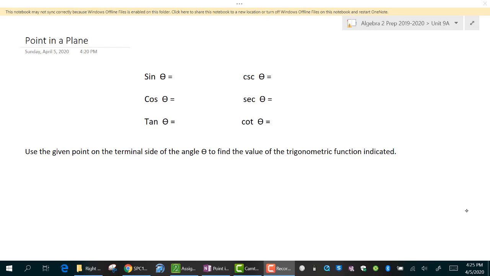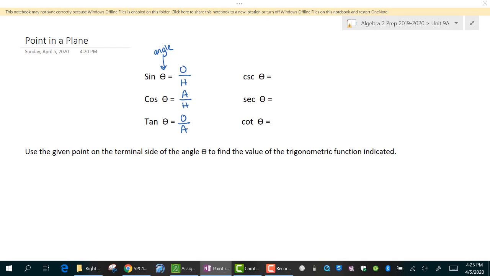the inverse trig functions. So remember sine of theta, so theta is just our angle symbol, was opposite over hypotenuse. Cosine was adjacent over hypotenuse, and tangent was opposite over adjacent. Now, the inverse functions are just that, inverses.